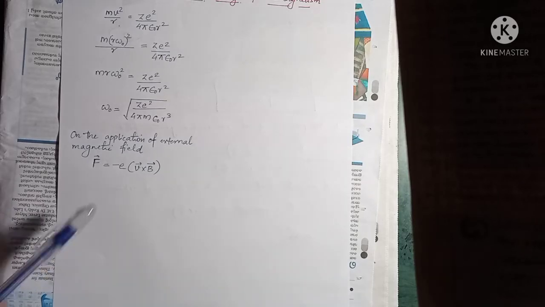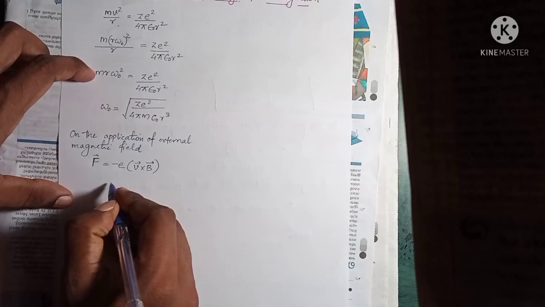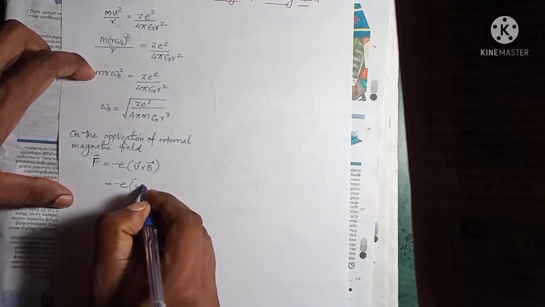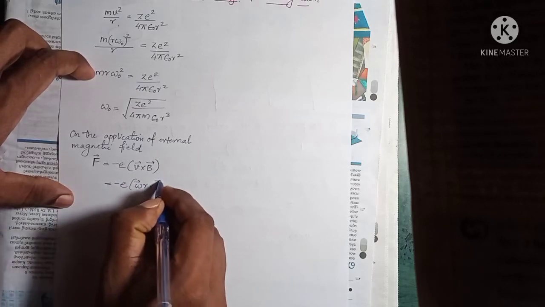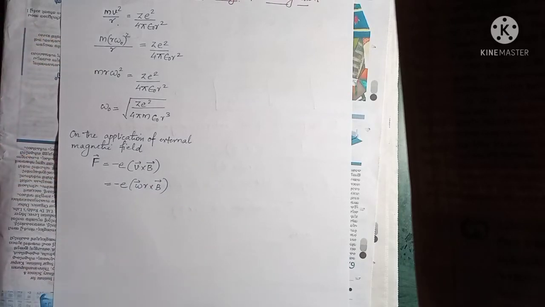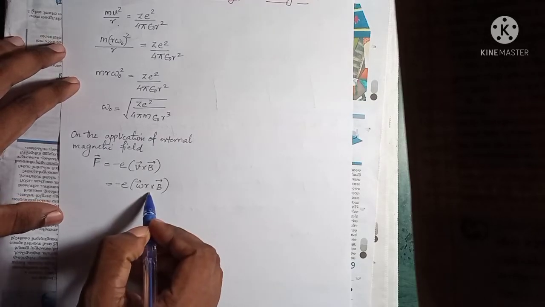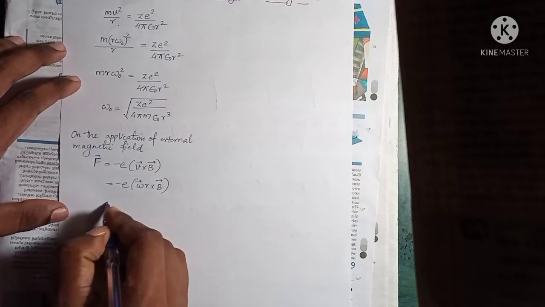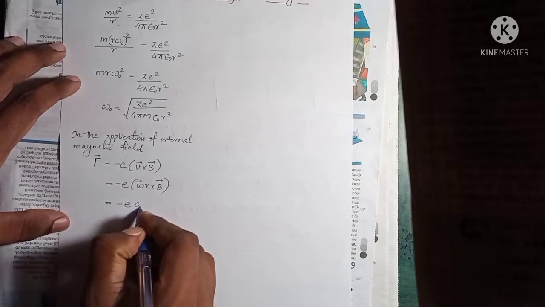Now we know that again v can be written as omega r cross B. Now assuming that the applied magnetic field is perpendicular to the plane of the circular orbit of the electron, then this term can be written as minus e omega rB.